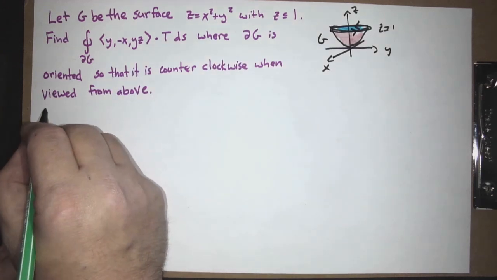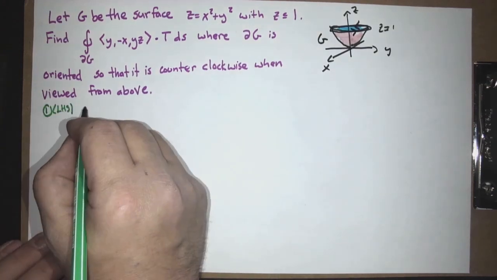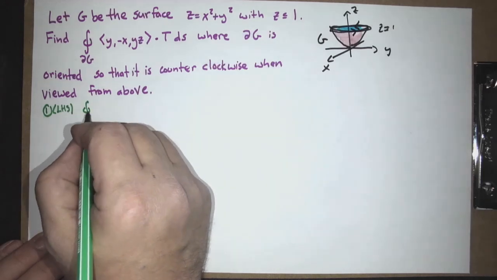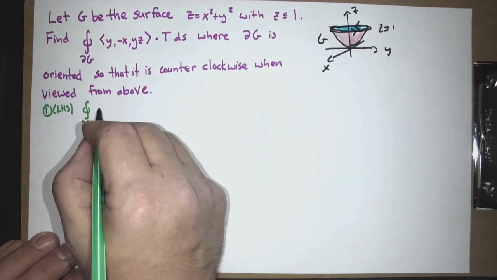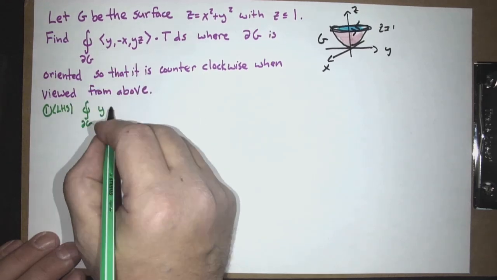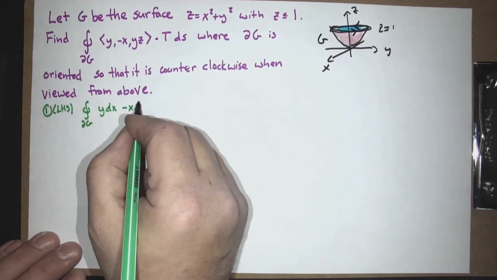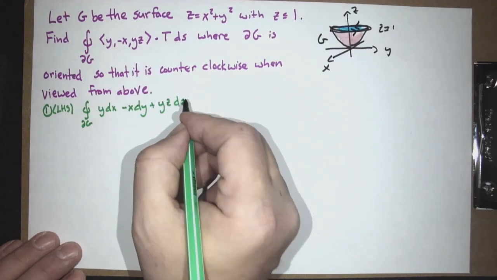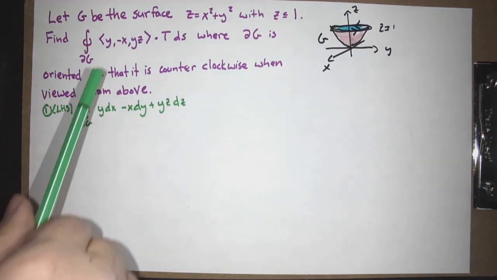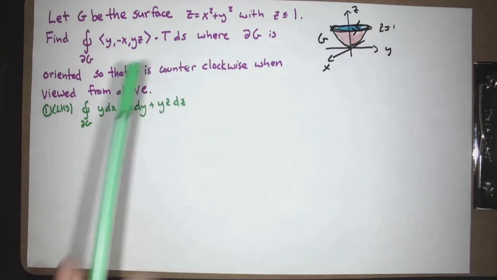This is the left-hand side, if you will. Another way to write this: if you see F dot T ds, it's the same as the first function dx plus the second function dy plus the third function dz. So the dot T ds is the dx, dy, dz.